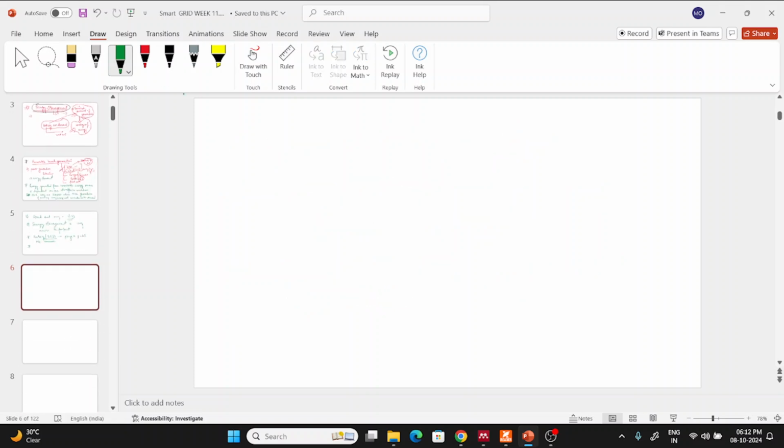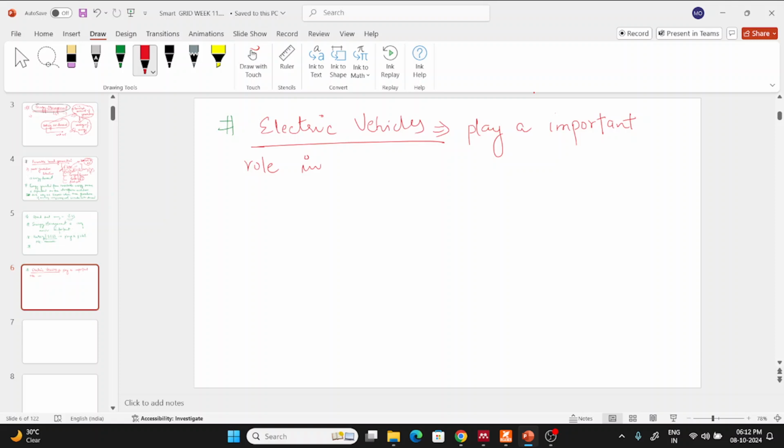As you can see, nowadays there is an advent of electric vehicles. Electric vehicles also play an important role in the energy management system.